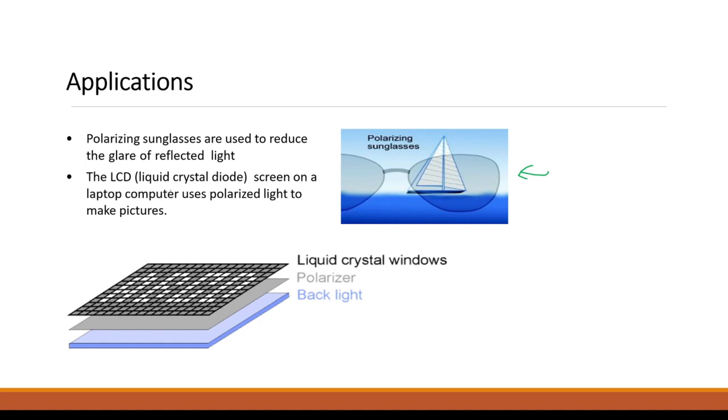And the LCD screens on a laptop computer use polarized light to make pictures, by having a polarizer that helps polarize and filter out the backlight from the back of the computer, and it helps control how to display this on the front for you to view it comfortably and accurately.